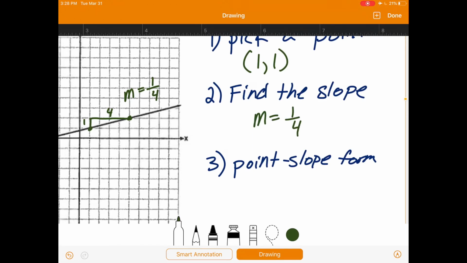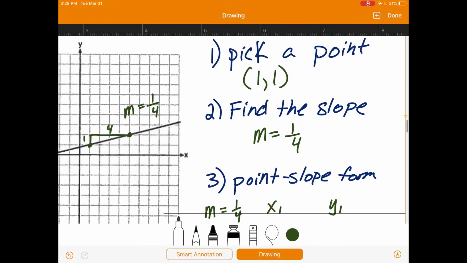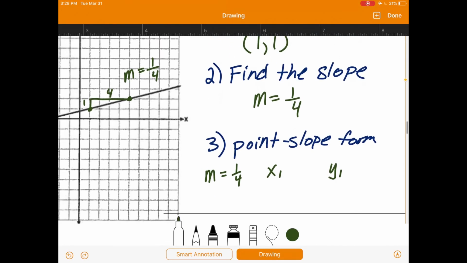And then for the point slope formula, we're going to plug in basically what we just found. So m is 1 over 4. x1 and y1 are going to come from the point that we used. So for me, I chose it to be 1, 1, which makes it pretty straightforward for us to just use 1s.